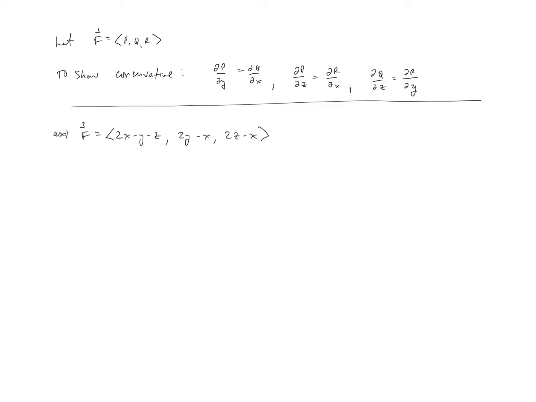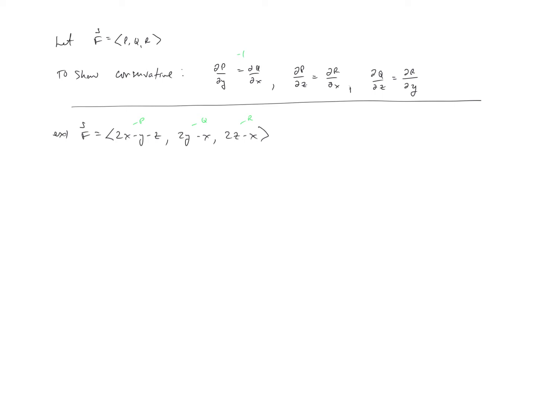All right, so now we'll take a look at the case where we have a vector field of P, Q, and R now. And so to show it's conservative, there's going to be a few additional steps, all of which are pretty straightforward and pretty easy. So to show something's conservative, if you have the PQR vector field, you're going to have to show these three conditions. And so this being our P, this being our Q, and this being our R, if I take partial P with respect to y, right here, that'll give me a -1.